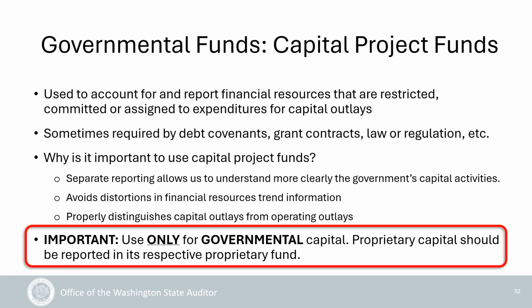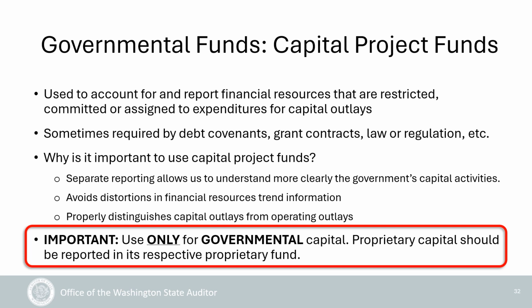It avoids distorting your general fund expenditure trends. If you accounted for a big project in the general fund, then during the years that project is going on, the general fund expenditures will be way higher than normal. It helps properly distinguish capital outlays from operating expenditures.